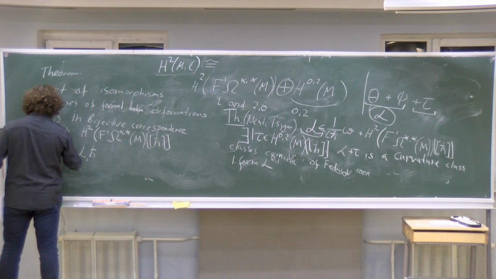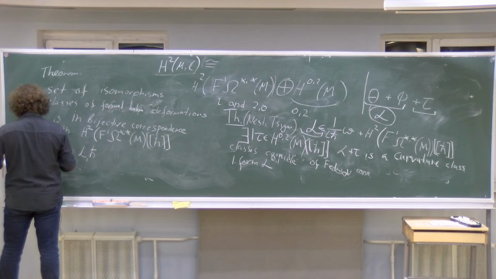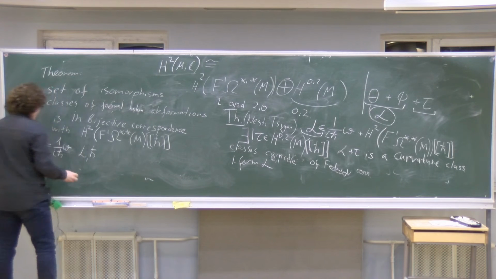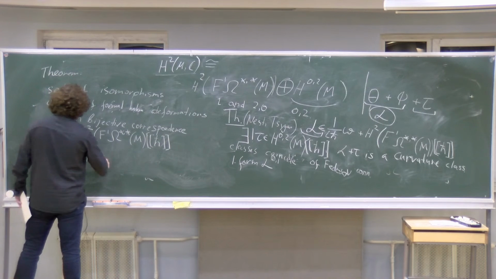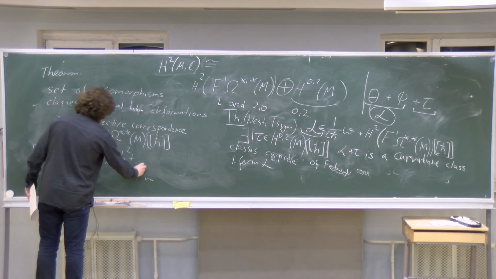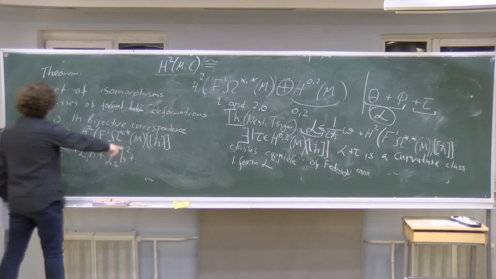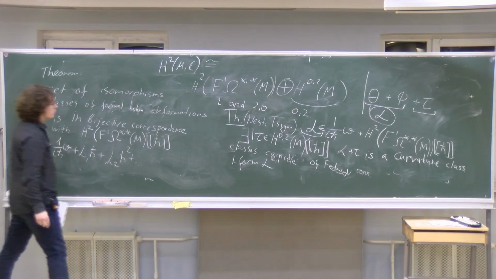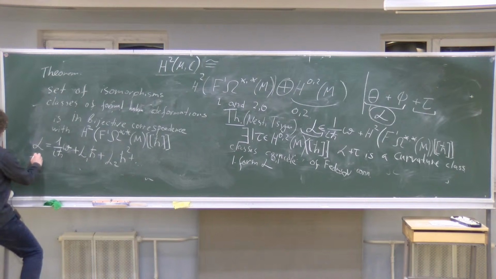Yes, the first term will be the symplectic form, plus alpha 1 h bar plus alpha 2 h bar squared and so on. So if we have this element which lies here, we have a family of these maps.